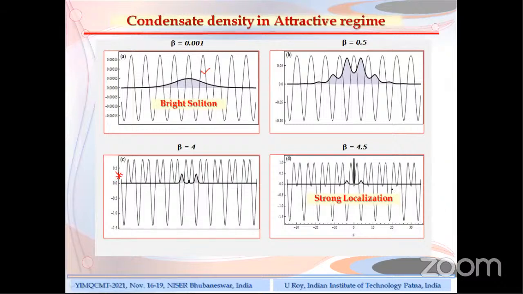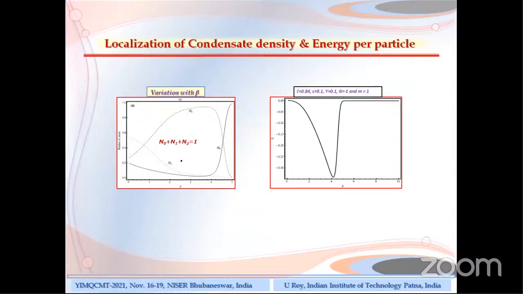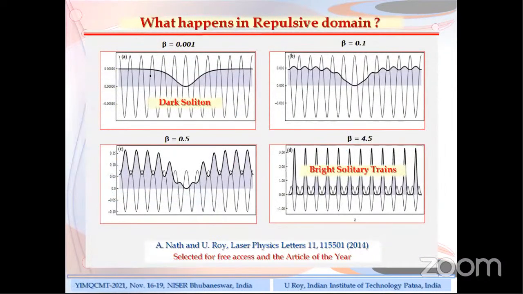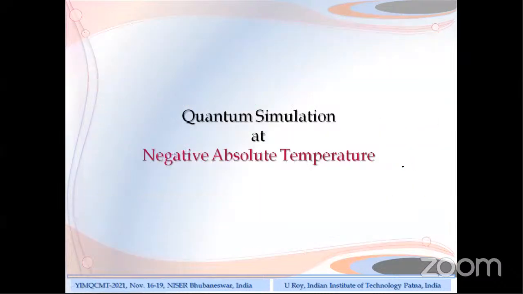So this is the place where you find a strong localization, and we confirm it by the atom fraction and the energy term, where in the atom fraction you can see that there is some threshold value of beta from where it is rising up and reaches 1. So that means the total fraction of atoms is going to the disordered place. Yeah. So this is something which is in repulsive interaction. We actually propose generation of bright solitary trains over here.